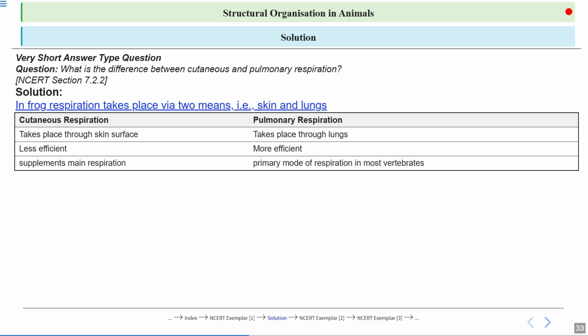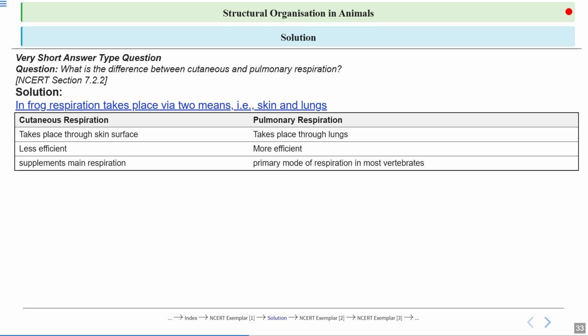Next, less efficient. Cutaneous respiration is less efficient if you compare it with the pulmonary respiration, right? How much gaseous exchange takes place? They are talking about 30%, or you can say 20 to 25% of respiration can be done with the help of cutaneous respiration.